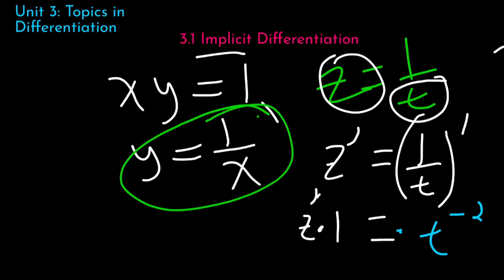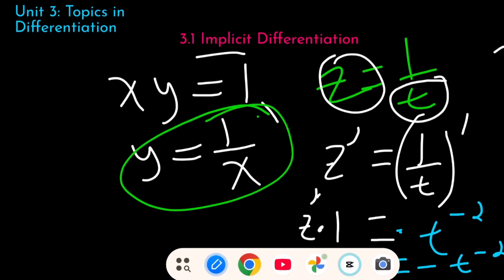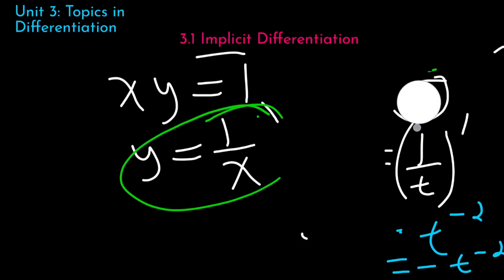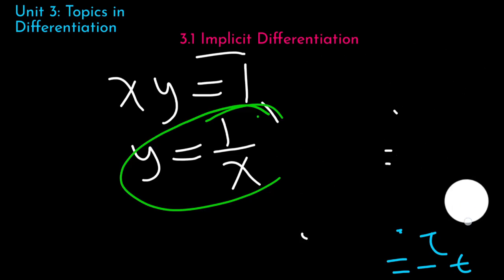Alright, and that's our answer. z prime equals negative t to the negative 2. But since we have these crazy variables, it's going to be times the derivative of t, or t prime. Now that was probably extremely confusing, but that's just a glimpse of where we're going to get into.